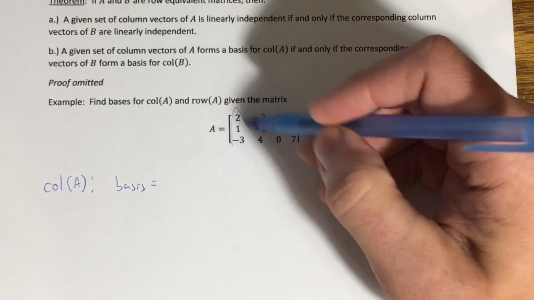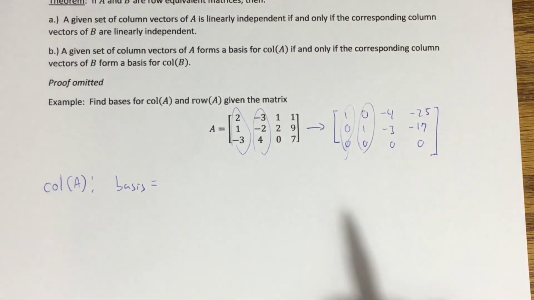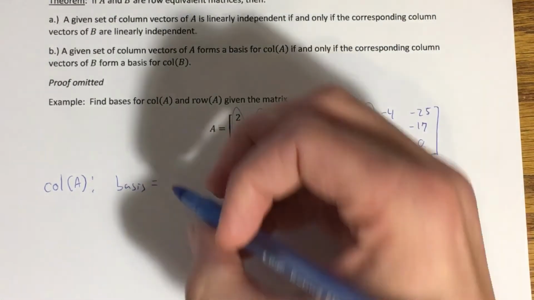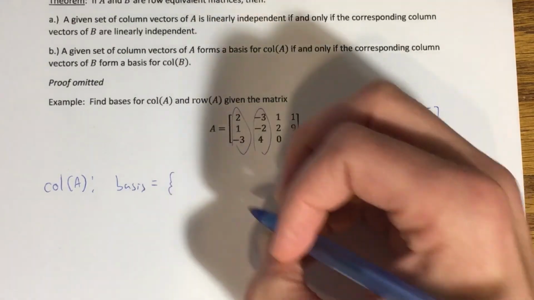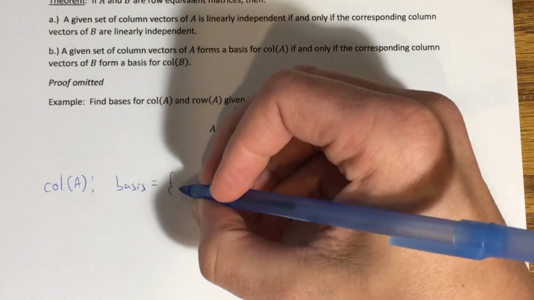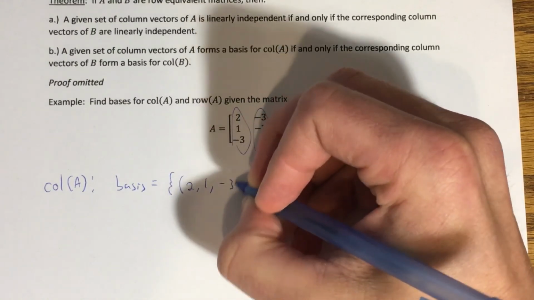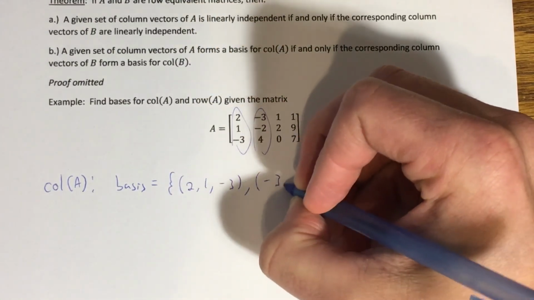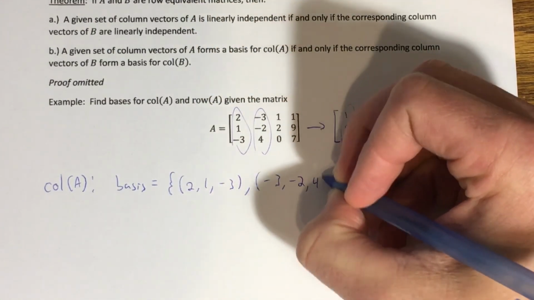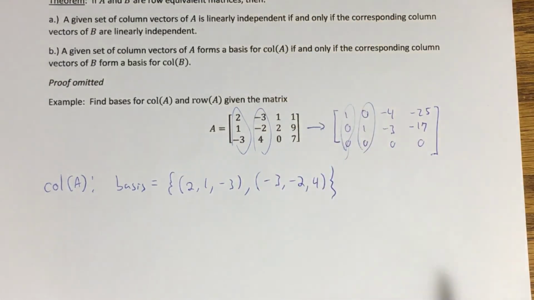So the first 2 columns in my original matrix are going to be the ones I can use for my basis for the column space of A. So that means I could use 2, 1, negative 3, and negative 3, negative 2, 4.